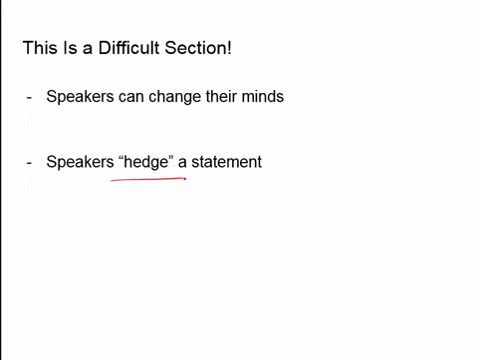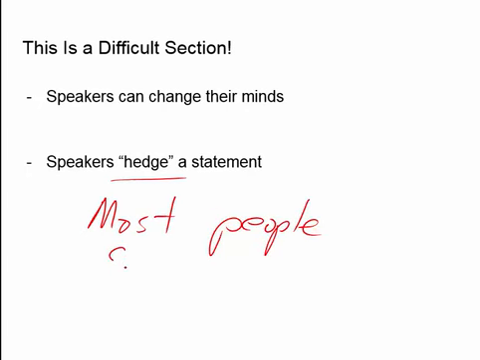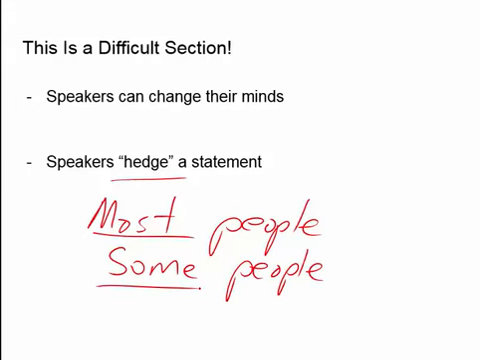Speakers also hedge statements often. Hedging is where you say things like "most people" or "some people." This is a hedge because you're not really giving a strong answer, as strong as it could be.